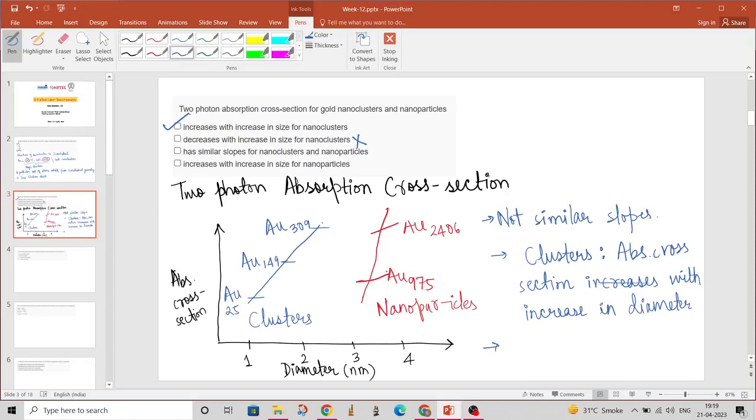So for nanoparticles also it is true, as the diameter is increasing, the absorption cross section is increasing.